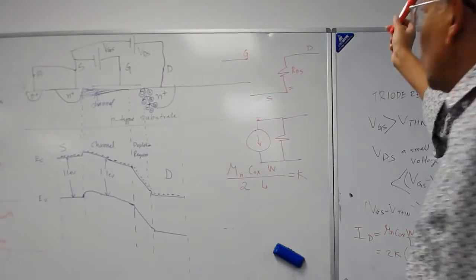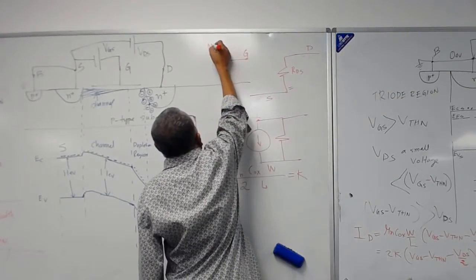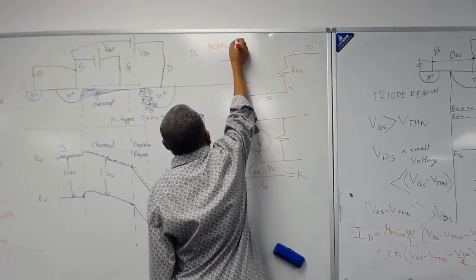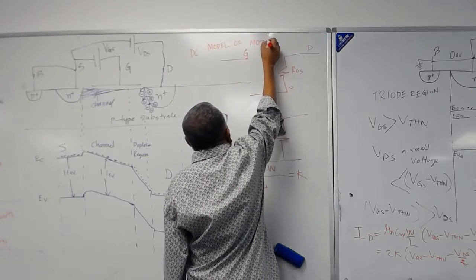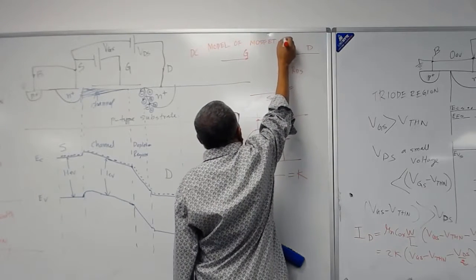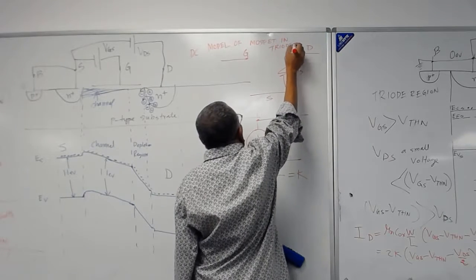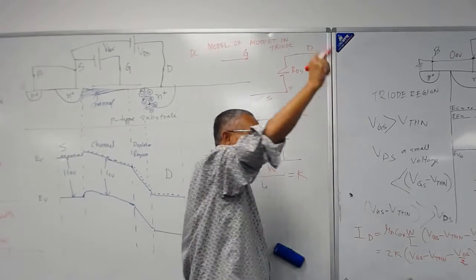So I'm trying to make a DC model of MOSFET in triode. This is like a resistance between drain and source. What is the equation for this resistance? Who is going to draw?